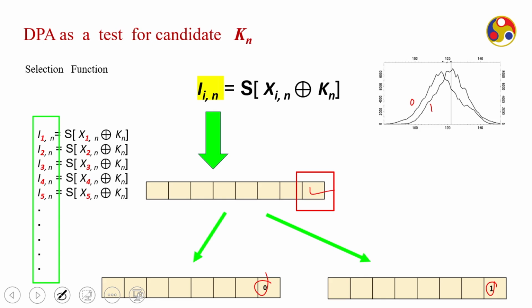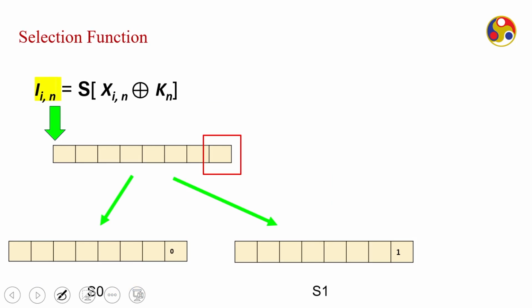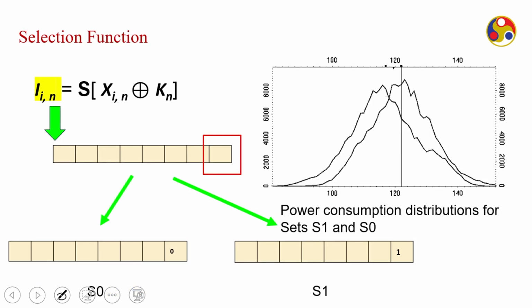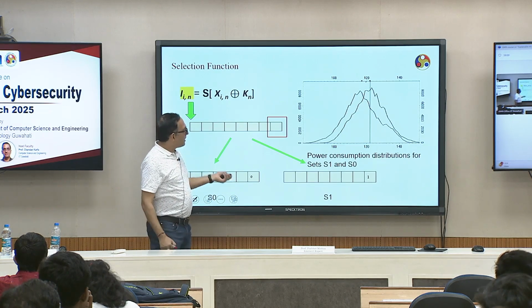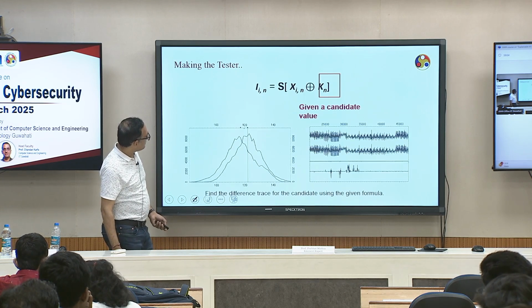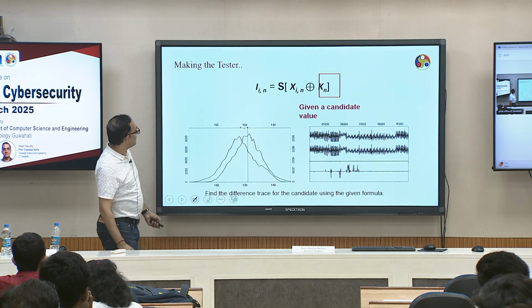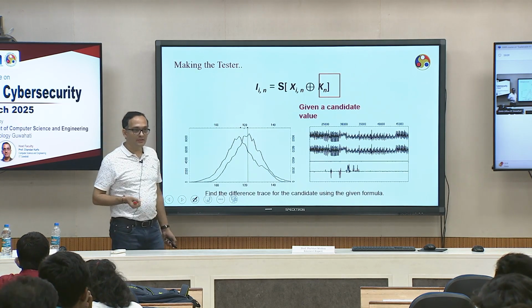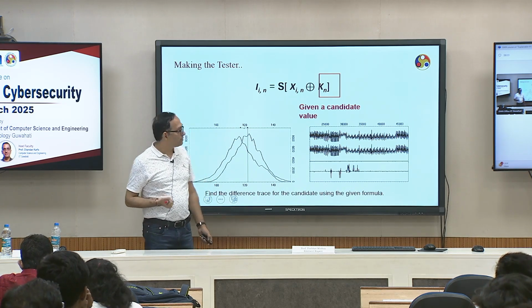If not, try the next value, and at most I have to try 256 times to get the key. This is the idea effectively. If I get this, then this is the key, otherwise you go to the next one. So, basically the same thing. The tester will work like this, understood?